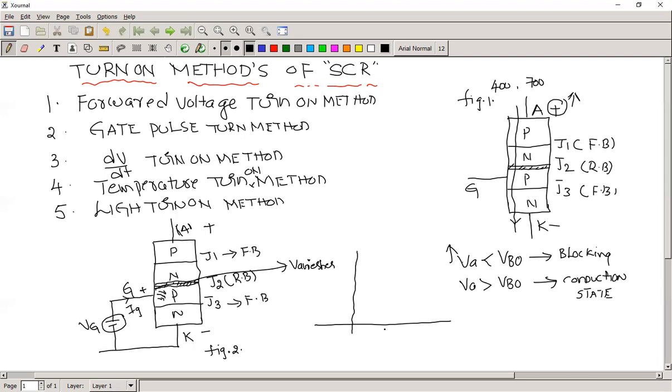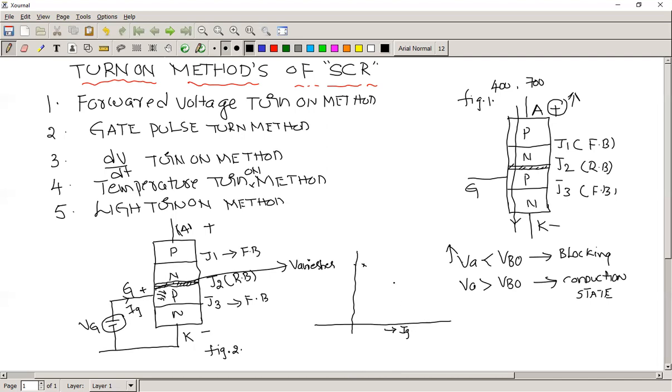On the x-axis we take the gate current Ig, and on the y-axis the anode voltage VA. With less gate current, a high amount of voltage is needed.